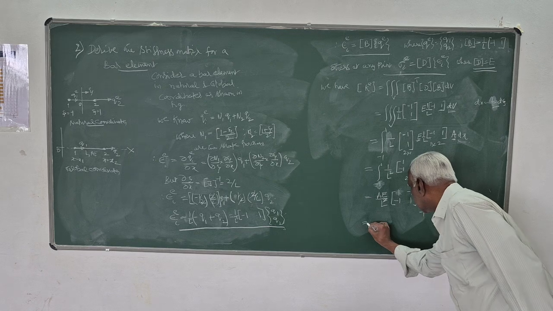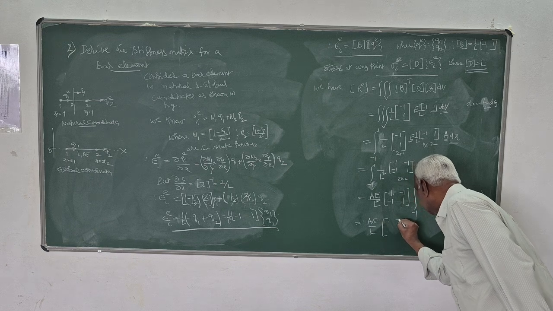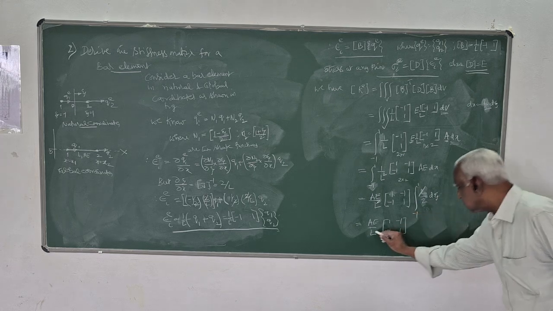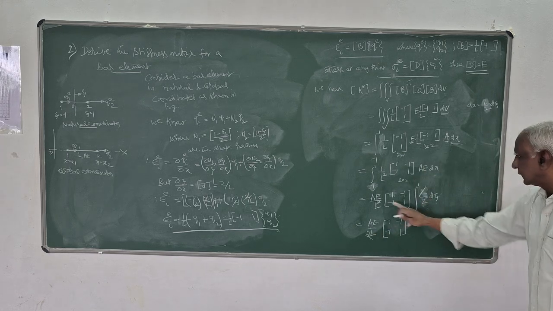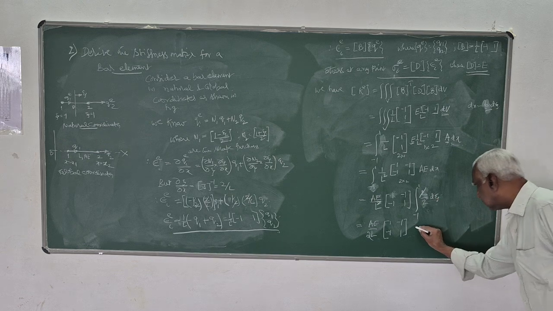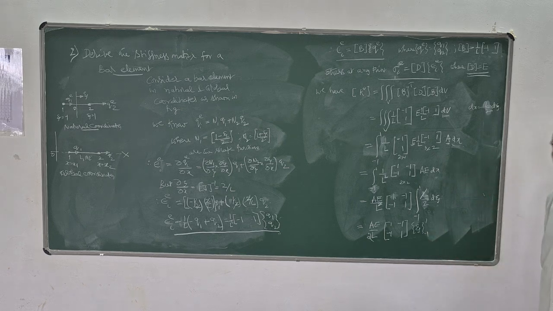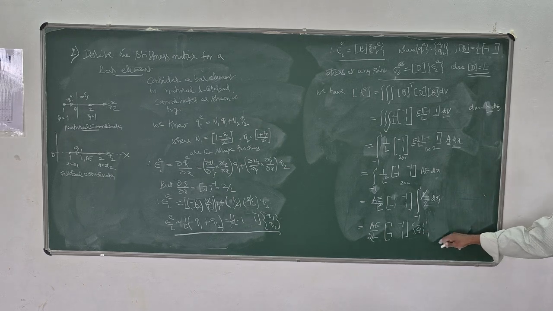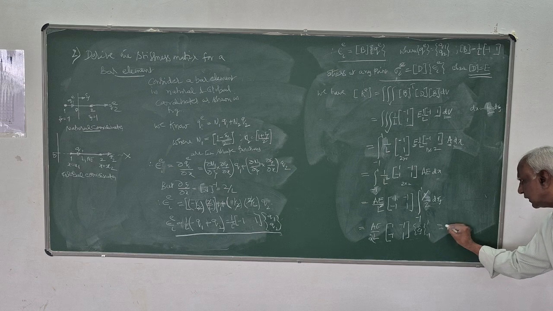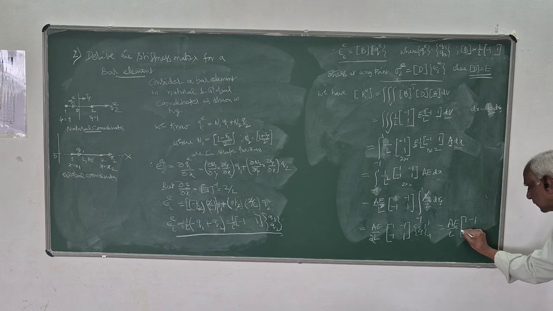We will have AE by L into 1, minus 1, minus 1, 1.